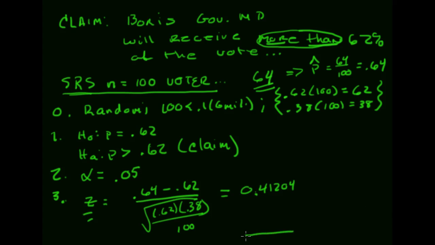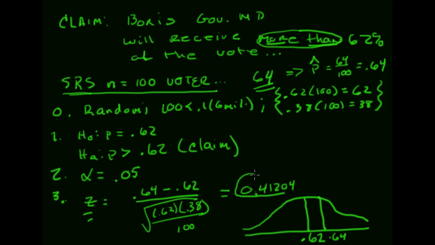Okay, so this is a z-score. If I'm thinking this through, I have a proposed proportion of 0.62, which is what I believe is the actual proportion. The z-score that corresponds to 0.64 is this, so what I need is the probability of being above it.